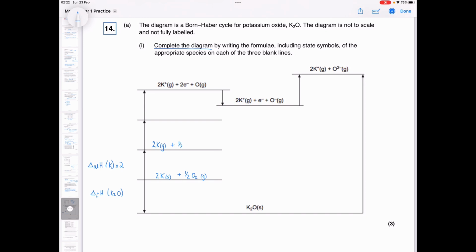Carry forward the half O2 gas. In the second step, we're going to have to do the enthalpy change of atomization of oxygen.